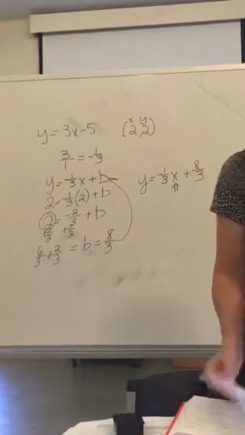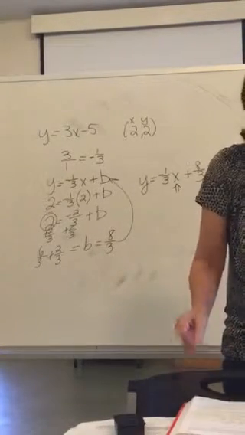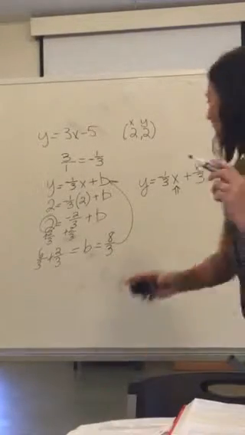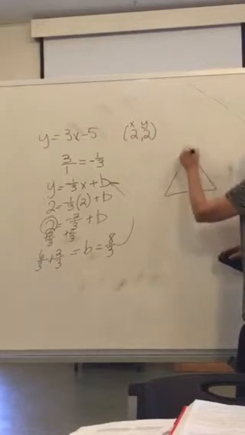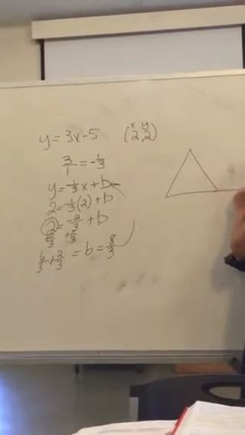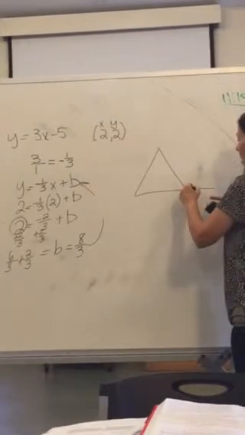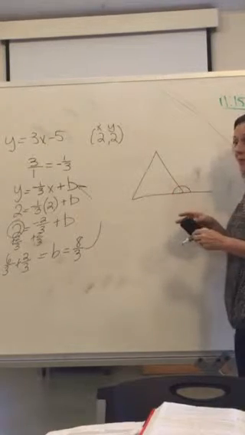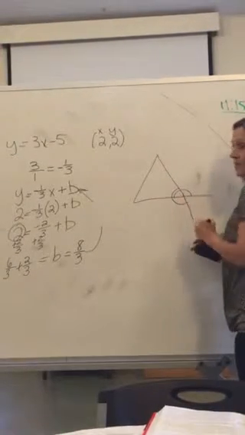The last part of lesson 31 deals with remote interior angles. Just quickly, I will review this. If I have a triangle, an external angle is always going to be supplementary to an internal angle, right? These are external angles.